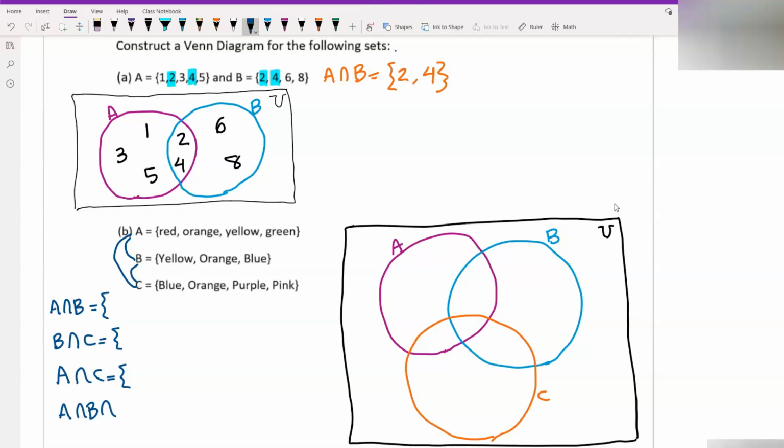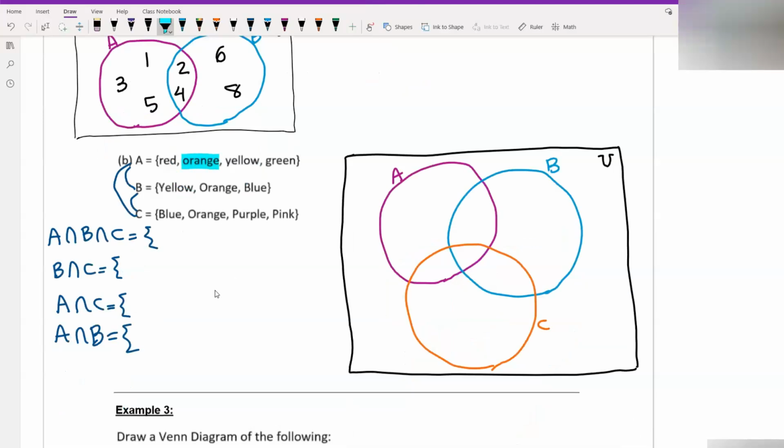Okay, first I will find between all 3. Well, let me just write this one on top. So here we have orange. This one and this one, that is the only one that is in common between all these 3.